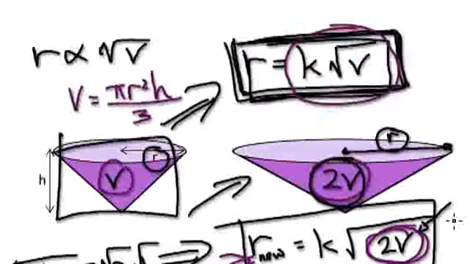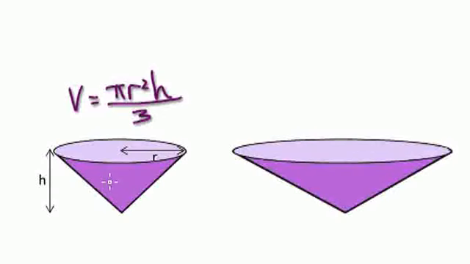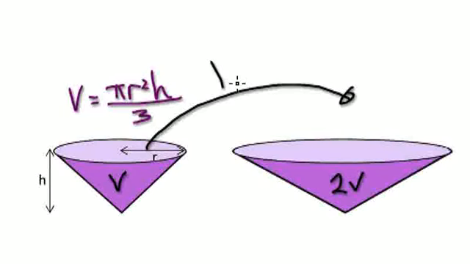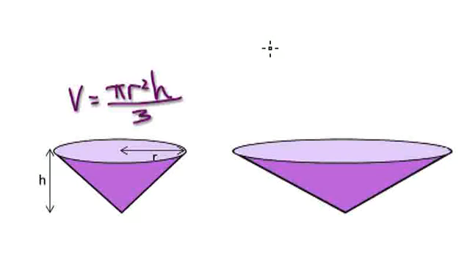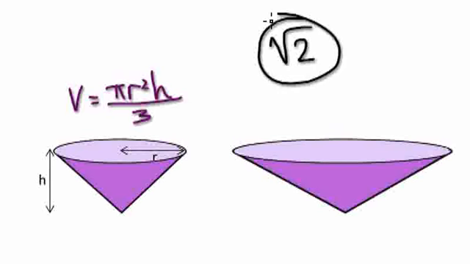What this means is that when you double the volume, the radius will grow by 1.41, so by root 2 basically.